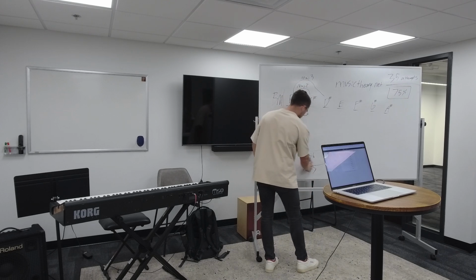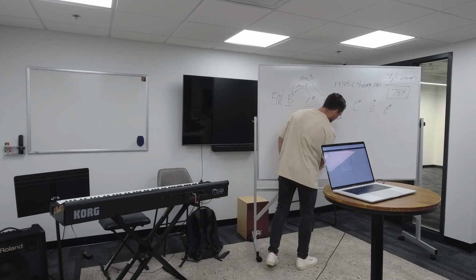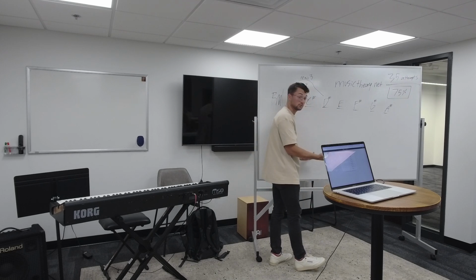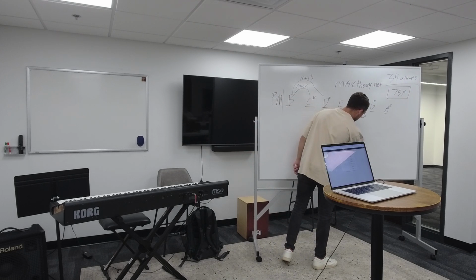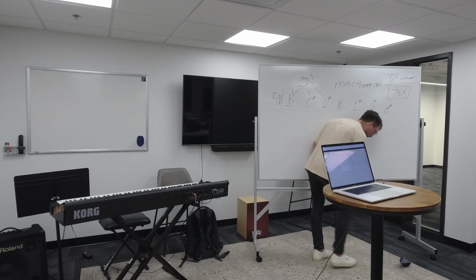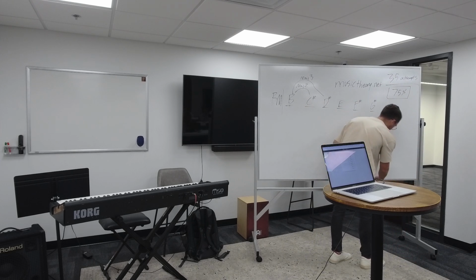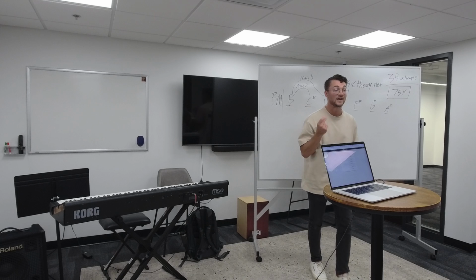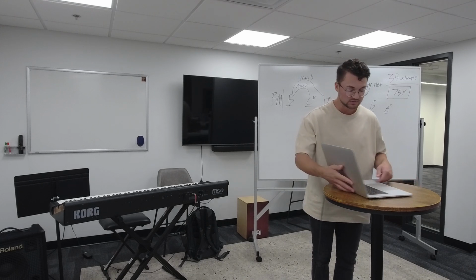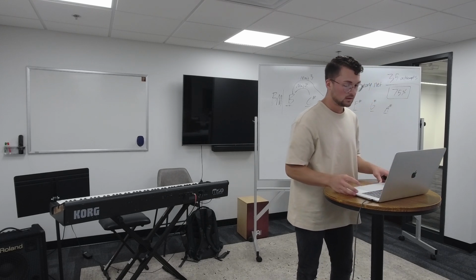So the Nashville numbers were created in the 1950s as a way for musicians in Nashville to learn songs quick. Studio musicians created this system to help learn songs fast. And it's a specific way of charting a piece of music.